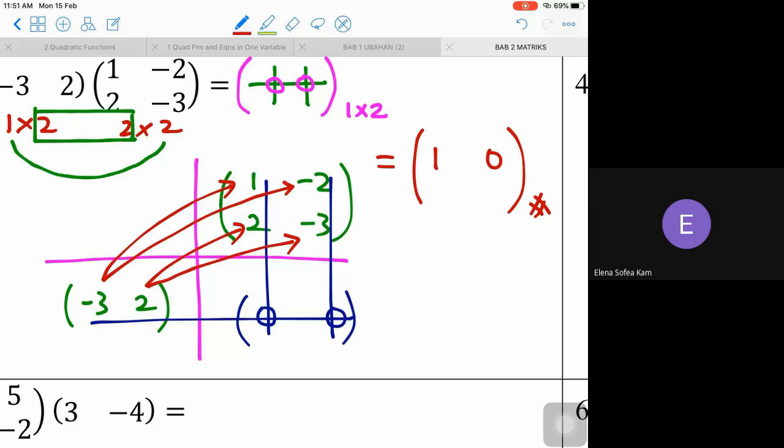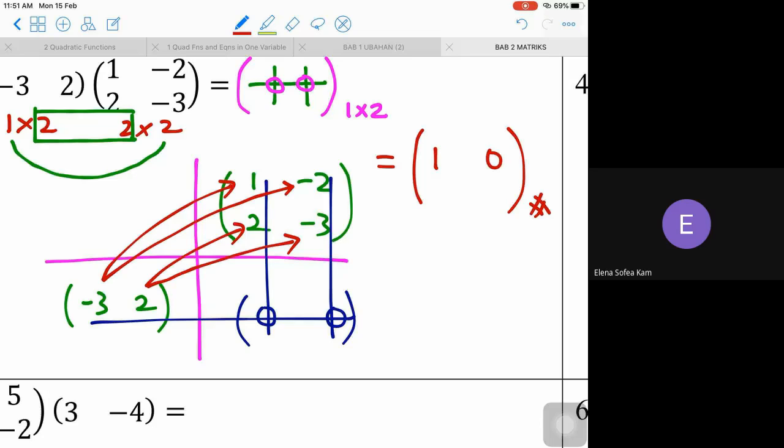Elena Sofia. 1 negative 10 eh. Mungkin lah.